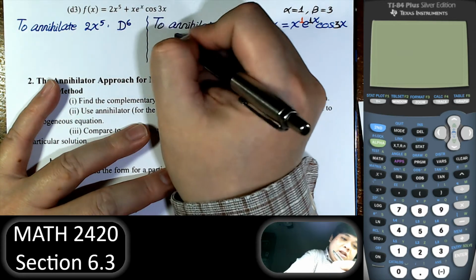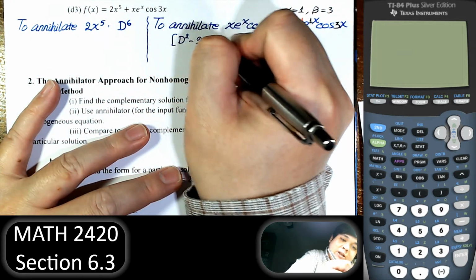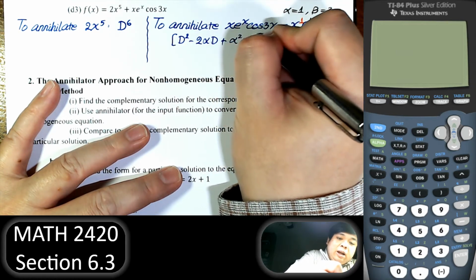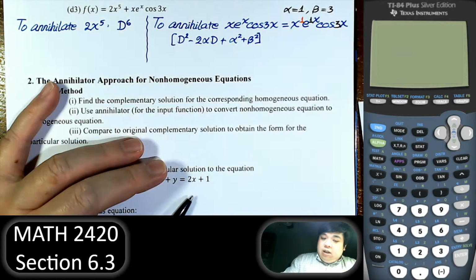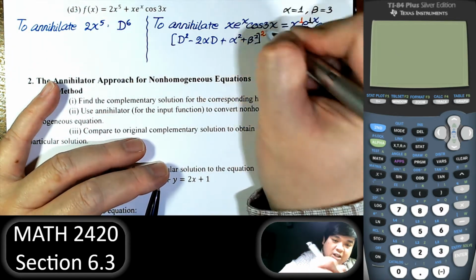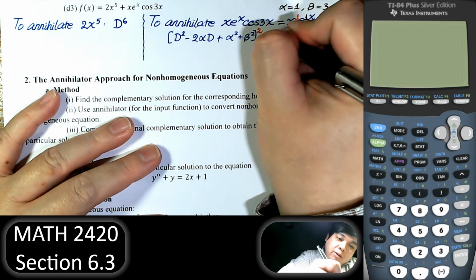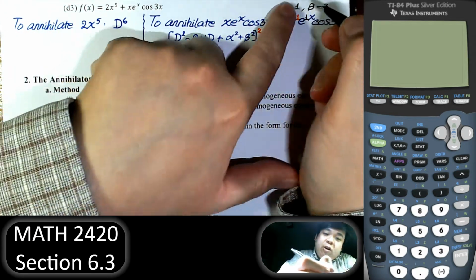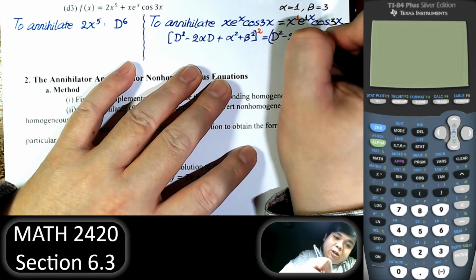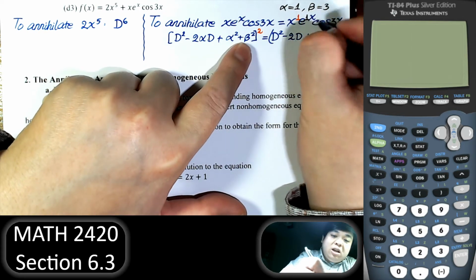And the annihilator is d squared minus 2 alpha d plus alpha squared plus beta squared. In this particular case, we have the x in front of it, so we need the degree 1 more than that, so we have a square there. So we have d squared minus 2d plus alpha squared, which is 1 squared is 1, 3 squared is 9, 1 plus 9 is 10.